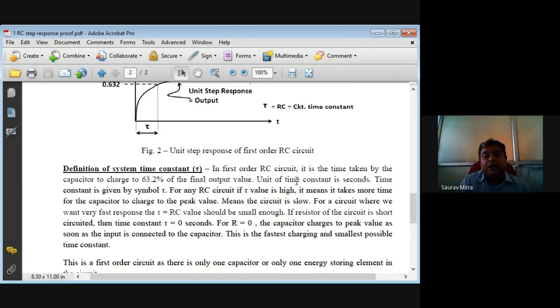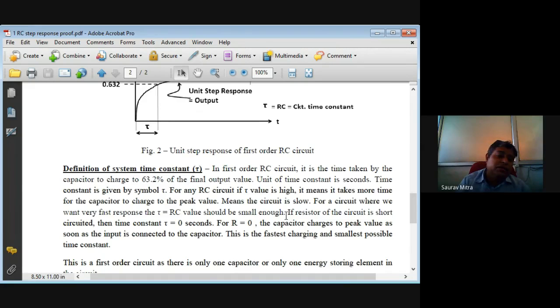It is said that the unit of time constant is seconds. So the time constant is a time, given by the symbol tau. For any RC circuit, if the tau value is high, it means the capacitor takes more time to charge to the peak value, which means the circuit is slow. So the more the value of tau, the slower the circuit. For a circuit where we want a very fast response, tau equal to RC should be very small.